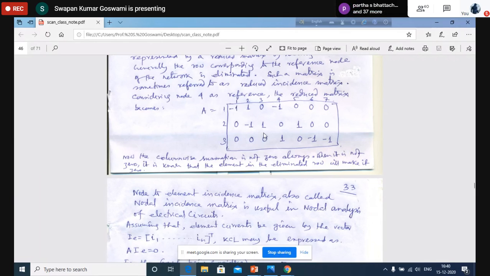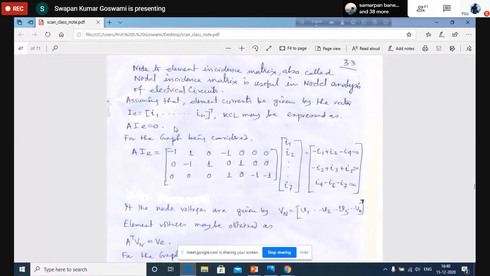Now let us see how we can utilize this network matrix to have other information regarding the network. Let us assume that we have the element current vector IE. In this particular example that we have seen, there are 7 elements.